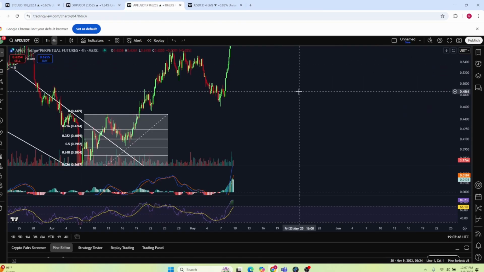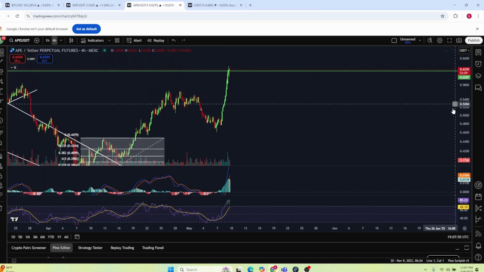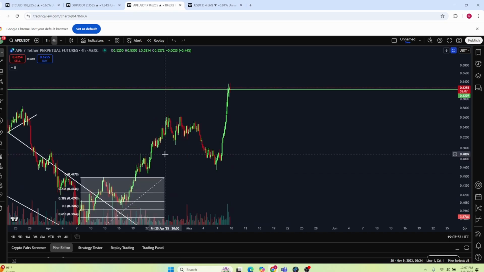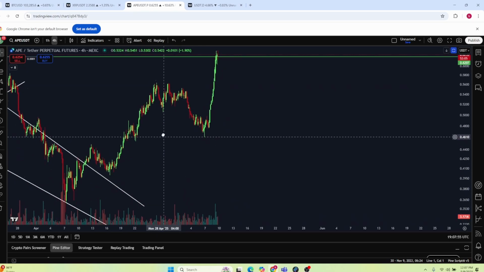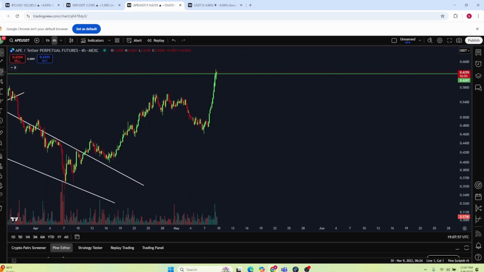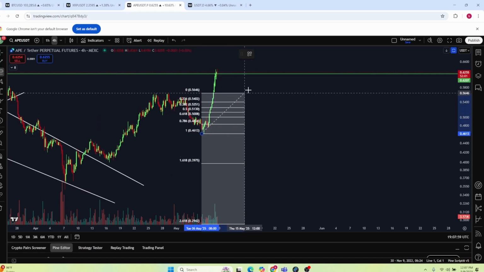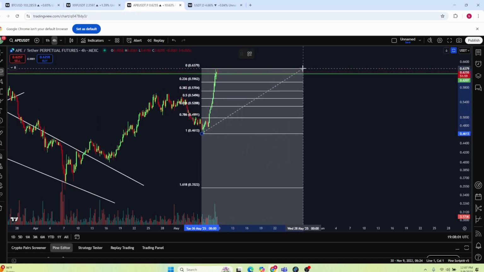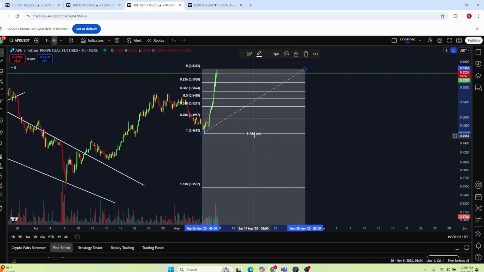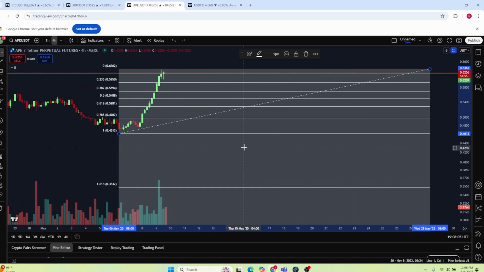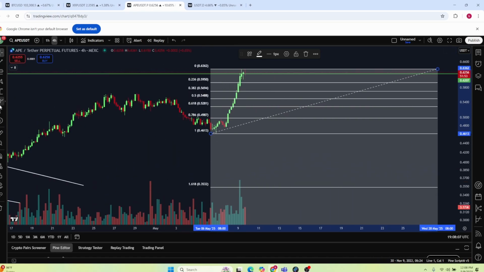So if I was entering Ape, I would take the fibs. I would be like, all right, this is where it's, let's just say, maxing out. We'll have to see if it rejects. And I would be looking for re-entry around 0.5, to be honest, for me.